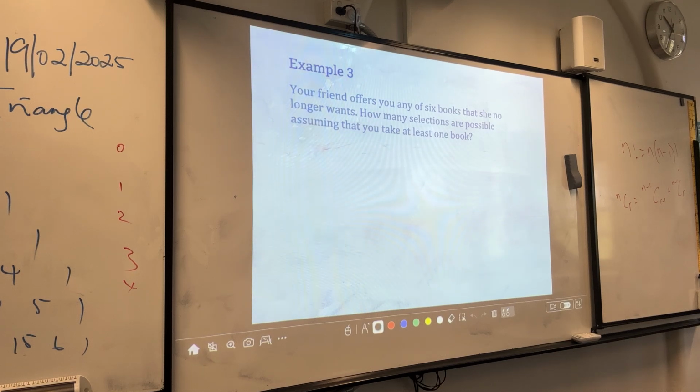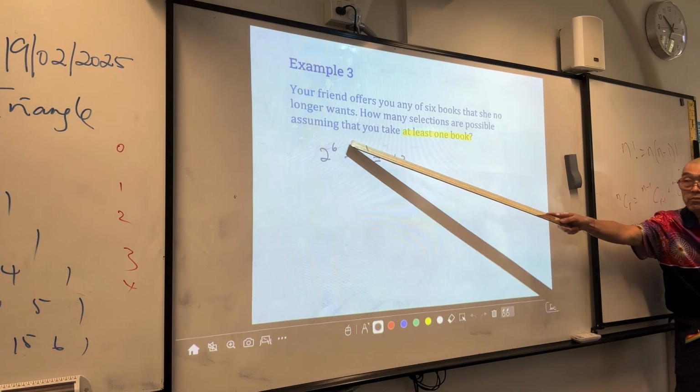The null set means I'm not taking any book, which means the rest of it is I take at least one book. Correct? So, we write it out that way, at least one book, 2 to the power of 6, because there are 6 books. There are all the possible combinations you can have.